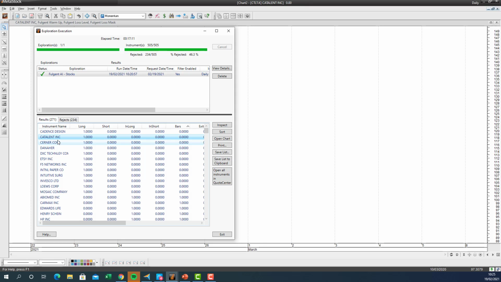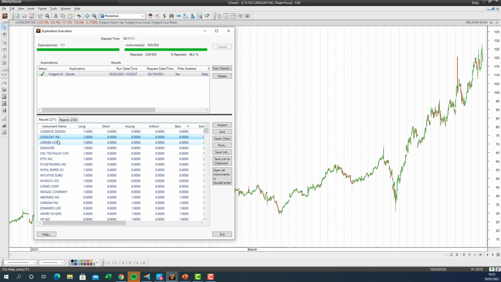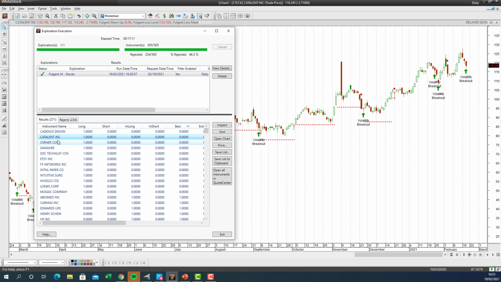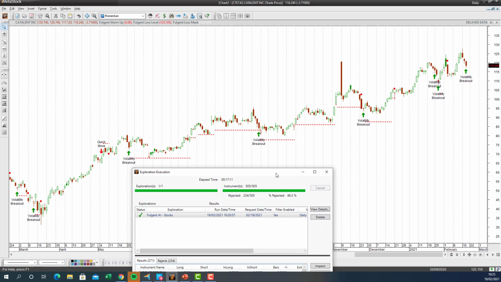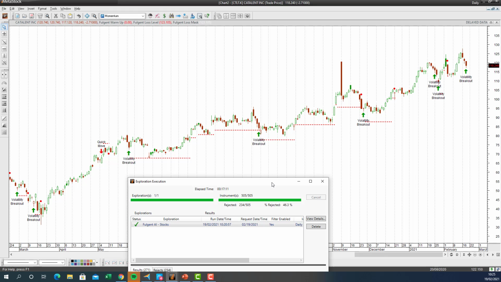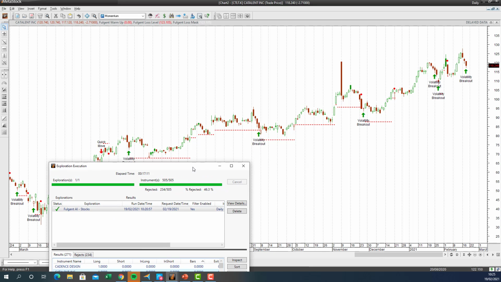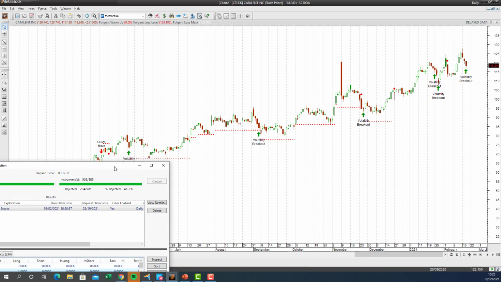Catalent, let's check that one out. So it takes a while to load. The AI needs to go and get the data. So there we go. Fantastic volatility breakout. We can see this all started back here in March. Huge volatility breakout, got you out of the trade there. Here we can see it move the stop loss up.